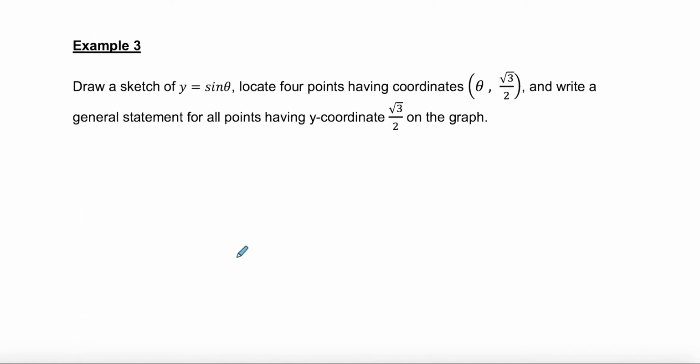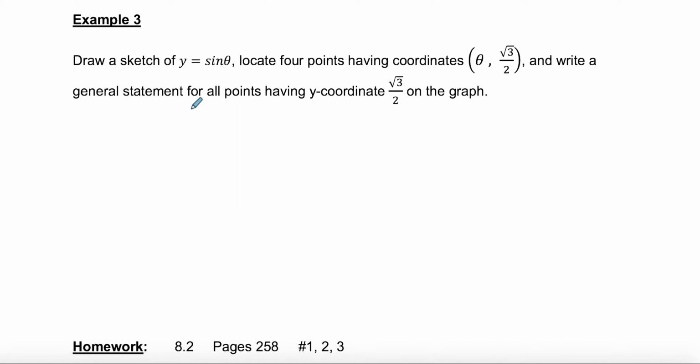So a last example here. Draw a sketch of y equals sine theta, locate 4 points having this coordinate, and write a general statement for all points having the y-coordinate √3/2 on a graph. So if we can imagine a sketch of this function, remember this is our 0.87.